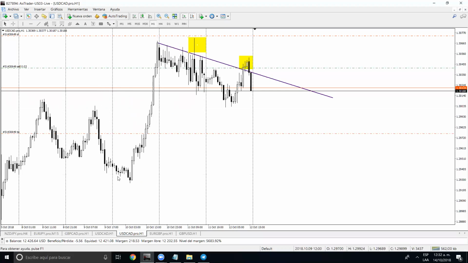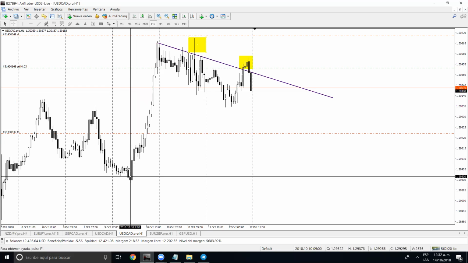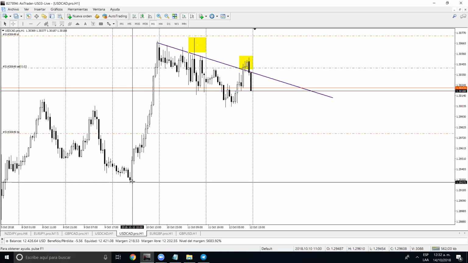In the old days, the banks were moving their money from one point to another. What we are trying to learn is to move with the institutions, to detect when they are moving the price and go with the money.